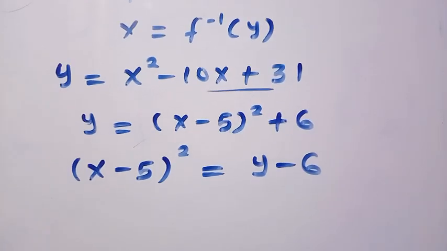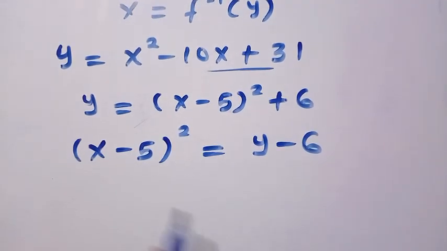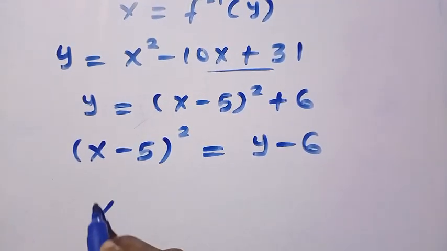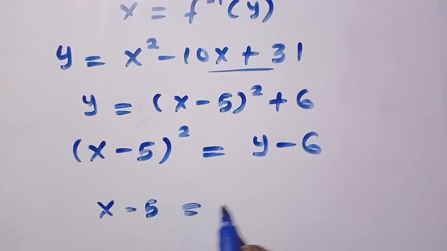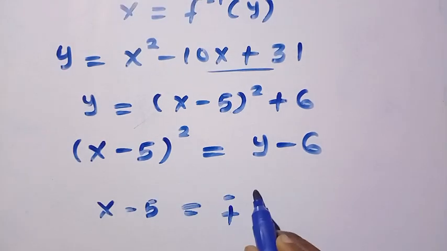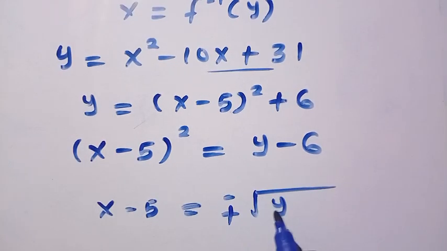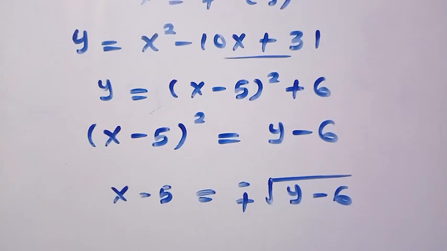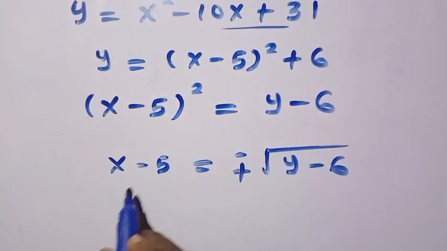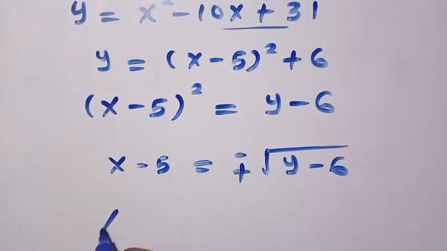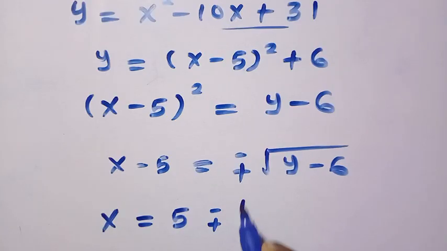Then we take the square root of both sides. Taking the square root of both sides, we have x minus 5 equals plus or minus the square root of y minus 6. Adding 5 to both sides, we have x equals 5 plus or minus the square root of y minus 6.